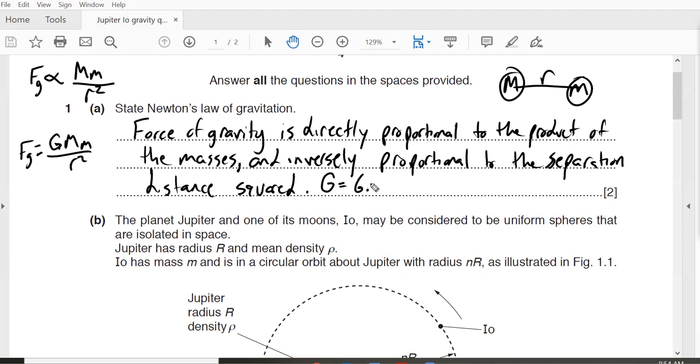G equals 6.67 times 10 to the negative 11 Newton meters squared per kilogram squared. Those are the units of it. For everybody following along at home, you can pause the video right now, get that written down. All right, let's continue.